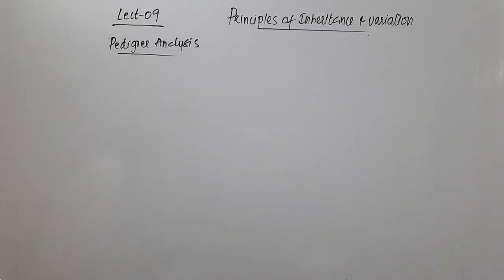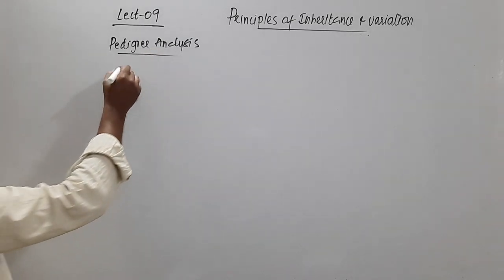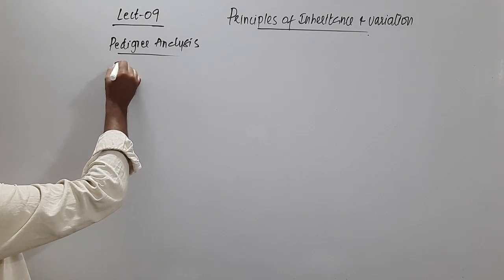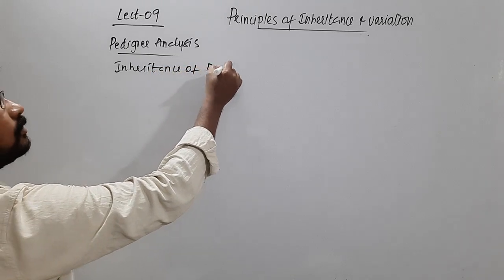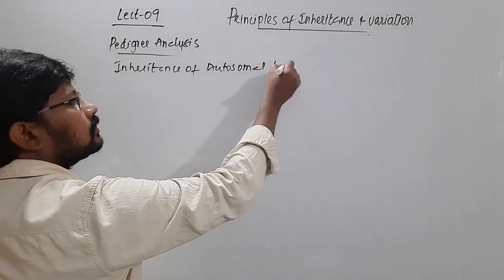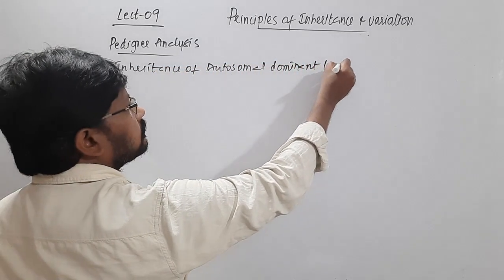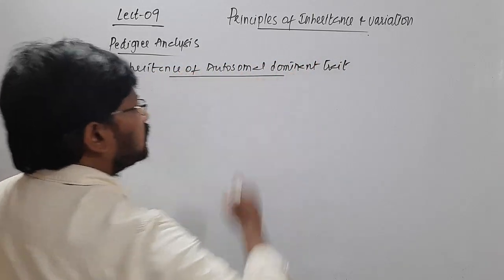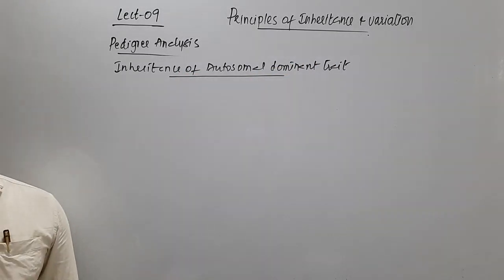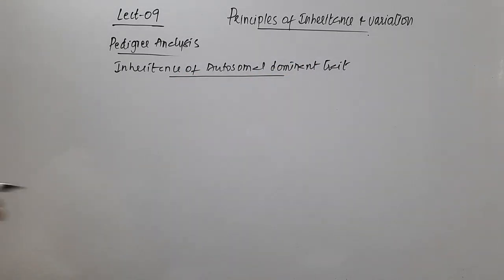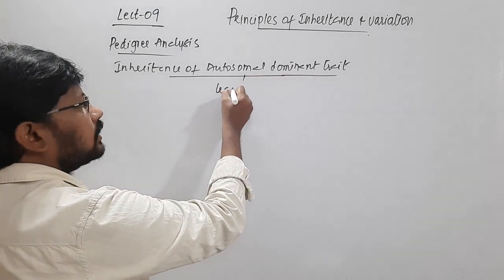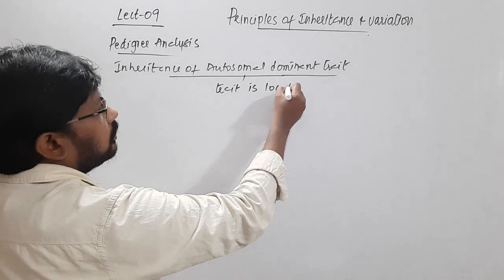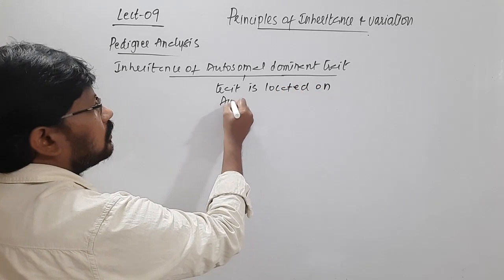So here we'll see an example: inheritance of autosomal dominant trait. Autosomal dominant trait means the trait is located on an autosome.